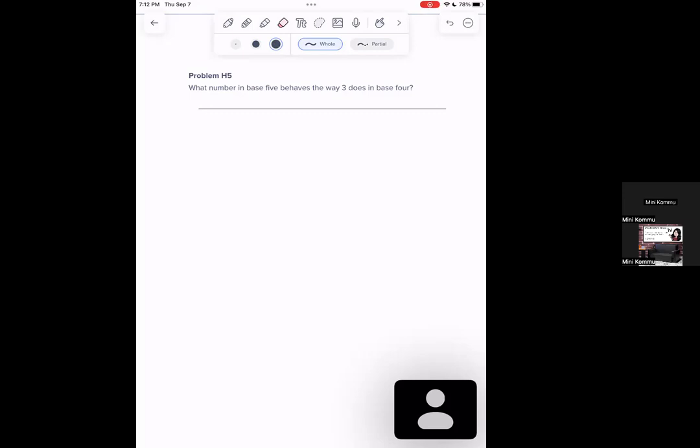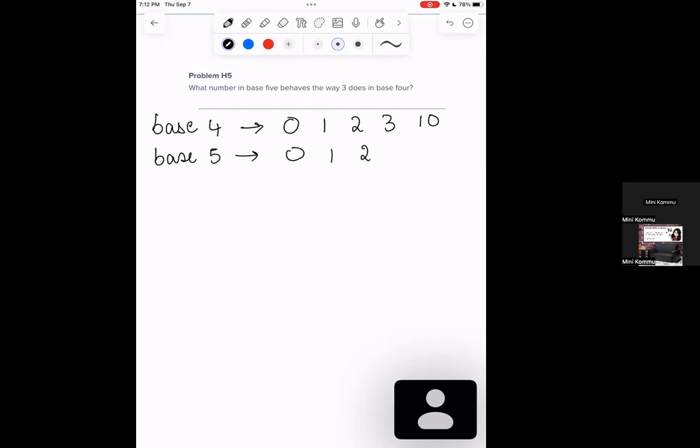In base 4, the numbers will be 0, 1, 2, 3, and then the 4 numbers are over, so I'm going to write 10. In base 5, I'm going to count till 5, right? So 0, 1, 2, 3, 4, and then comes 10.